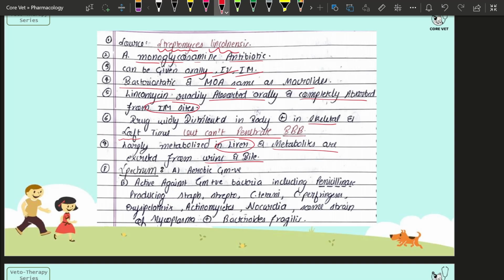If we talk about the spectrum, these are active against aerobic gram negative, and these are also active against gram positive bacteria, including penicillinase producing staph and strepto, right? It is also effective against Clostridium tetani, Clostridium perfringens, erysipelothrix, actinomycetes, nocardia, and some strains of mycoplasma and Bacteroides fragilis.